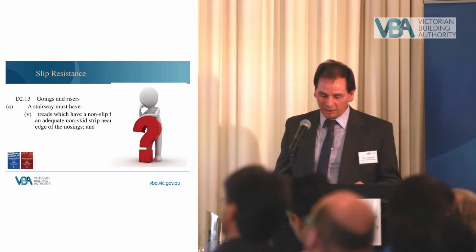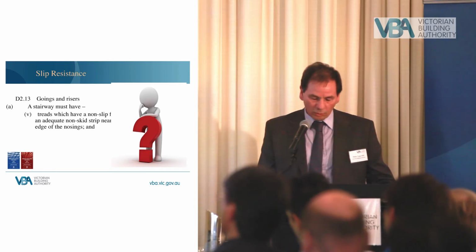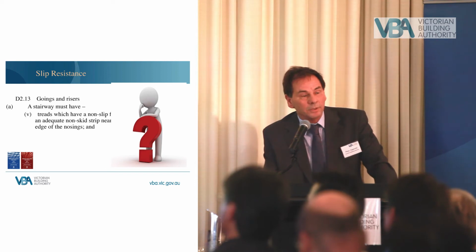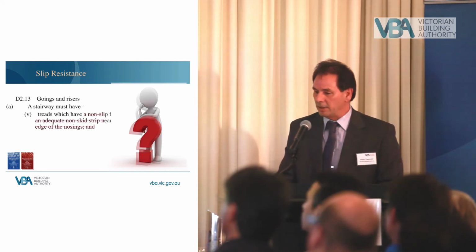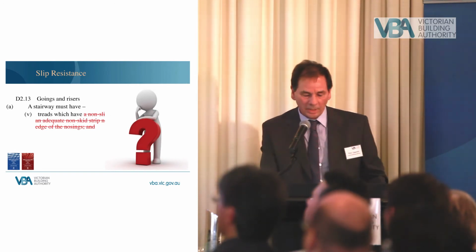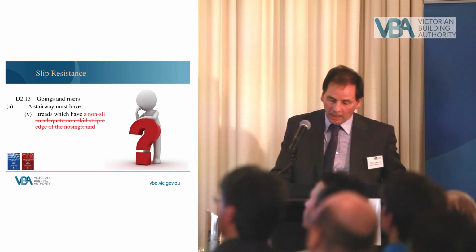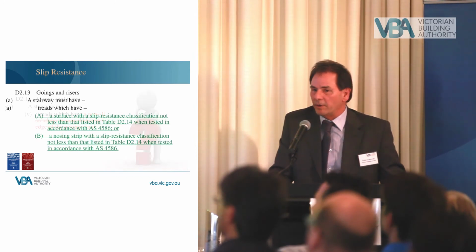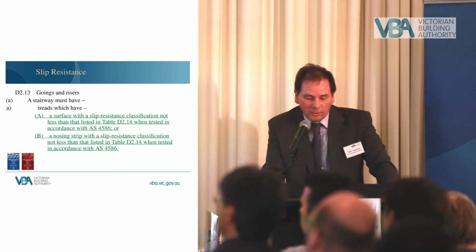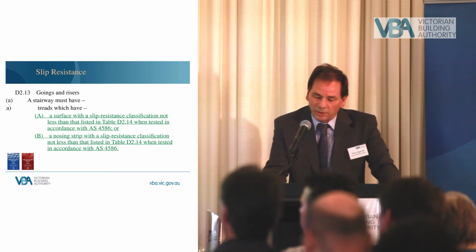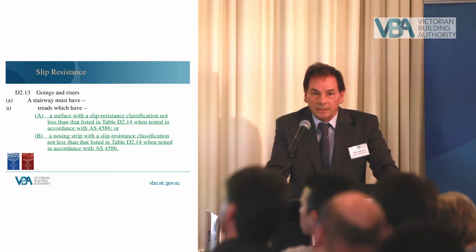To explain the changes applicable to Volume 1, let's look at D2.13. To quantify this requirement, the vague statements non-slip finish and non-skid strip have been deleted, and they have been replaced with references to slip resistance classifications found in a new table, D2.14, which are to be determined by testing in accordance with the newly referenced standard AS 4586.